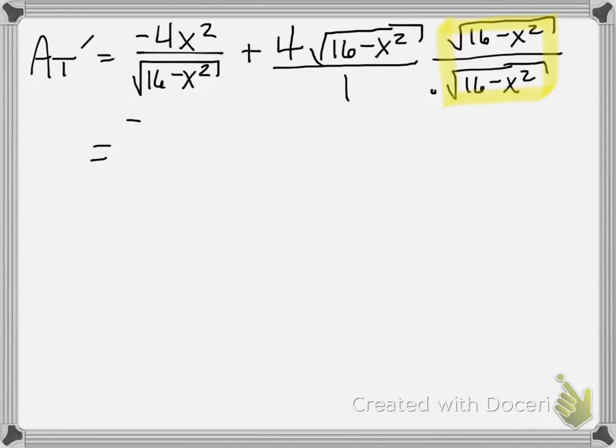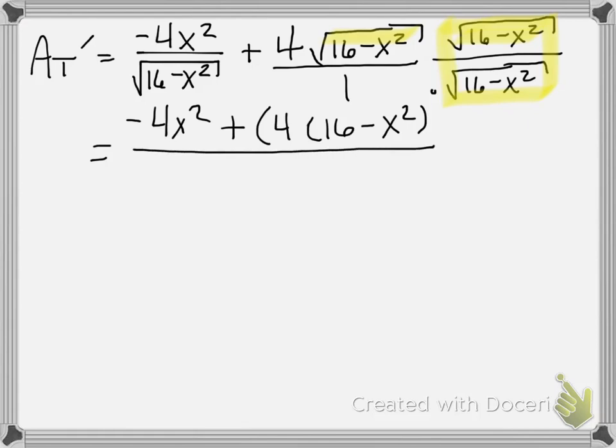So that gives us negative 4x squared plus, whenever we multiply across on the top, we have 2 square roots, so that's just going to give us what's inside. So we're going to have 4 times 16 minus x squared, and all of that is going to be over the square root of 16 minus x squared.